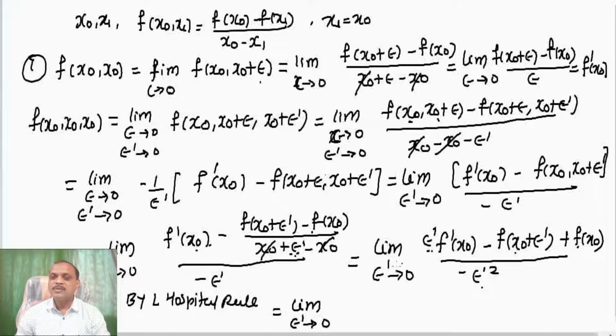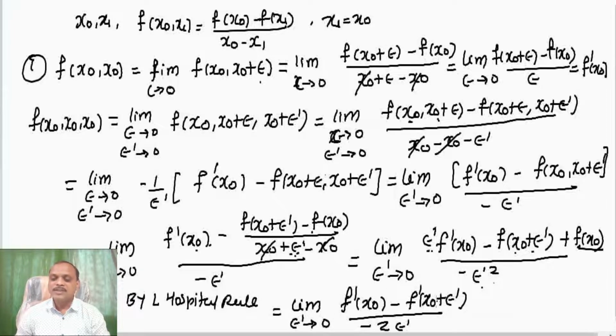Derivative of epsilon dash is 1, so we get f dash of x0 minus f dash of x0 plus epsilon dash, and the constant term has derivative 0, divided by minus the derivative of epsilon dash square, which is 2 into epsilon dash.